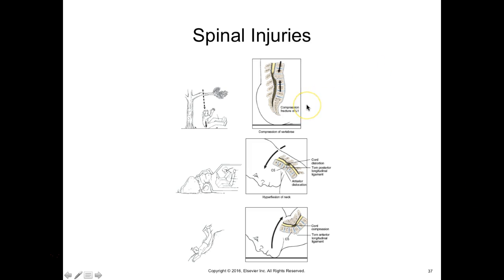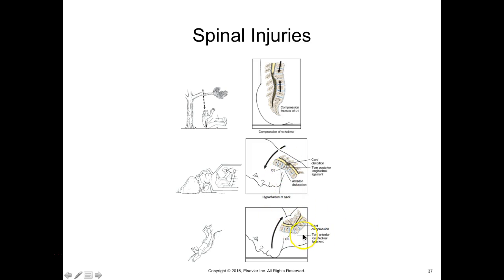So here's some spinal cord injuries. We have compression fracture here at L1, and this is from falling, direct compression on the spine. A cord distortion, torn posterior longitudinal ligament. So this is hyperflexion. We usually see these in automobile accidents. And then cord compression, torn anterior longitudinal ligament. And this is from falling, and so there's extension here.